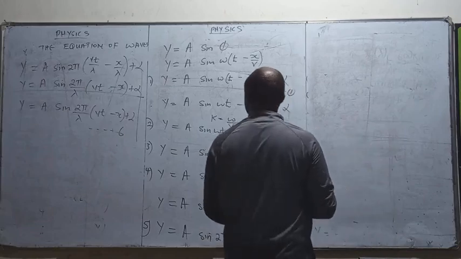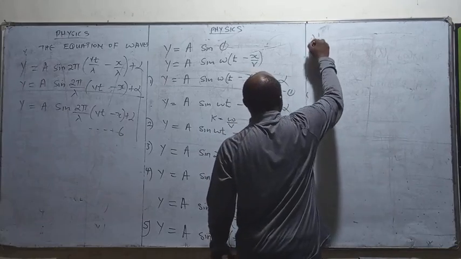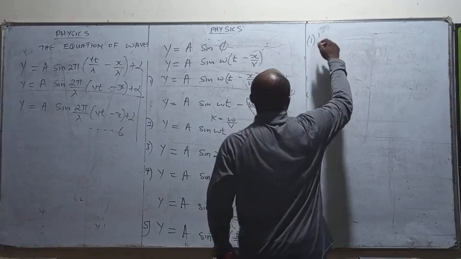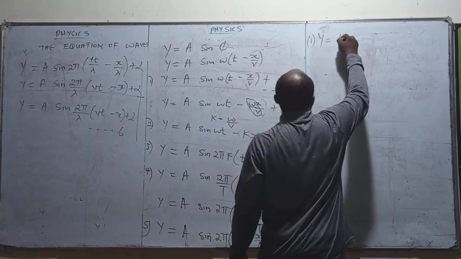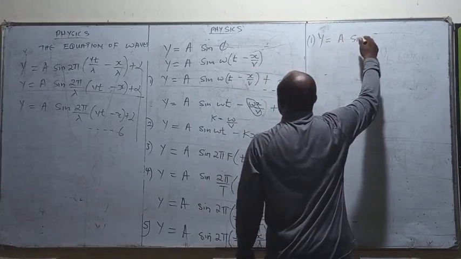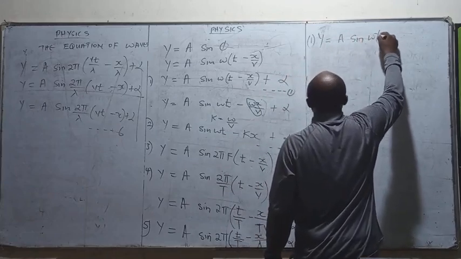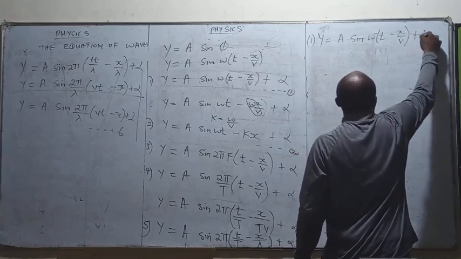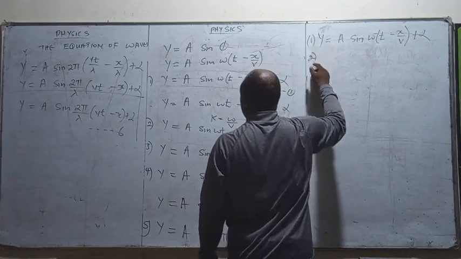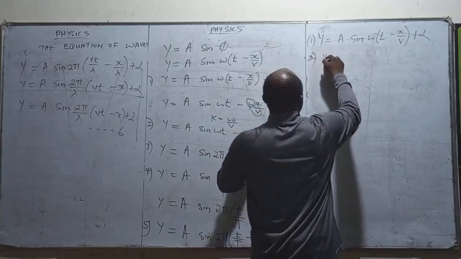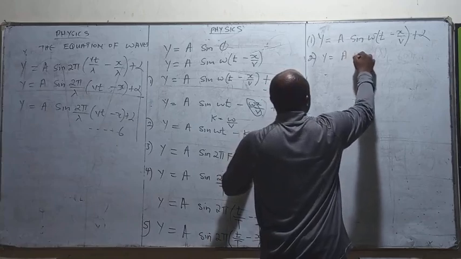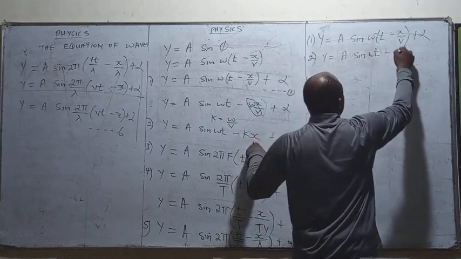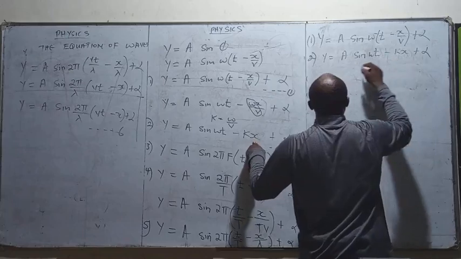So what are the 6 equations? Number one, we have y equal to A sine omega bracket t minus x all over v plus alpha. Number two, we have y equals to A sine omega t minus kx plus alpha.